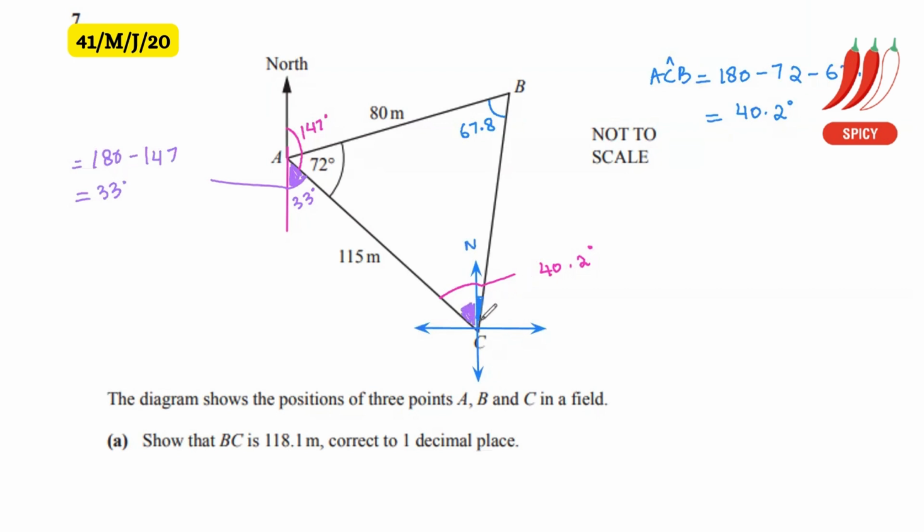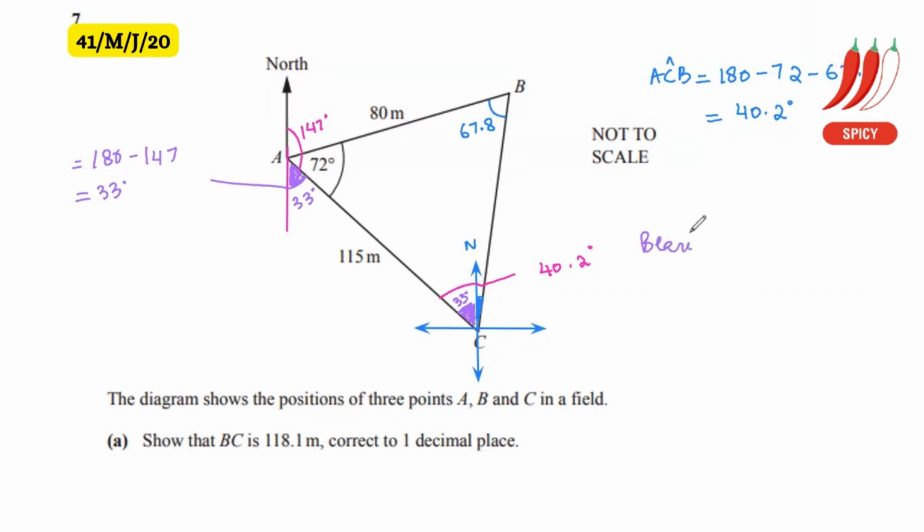Now, if you notice, this angle is on the left-hand side of the north at C, and it's above the line that connects A and C. So if this is 33, and this 33 is a part of this 40.2, if we subtract the two, we can easily find the bearing of B from C.